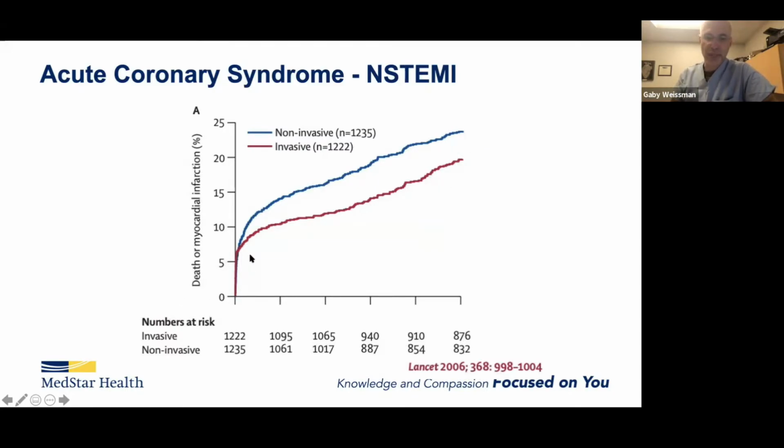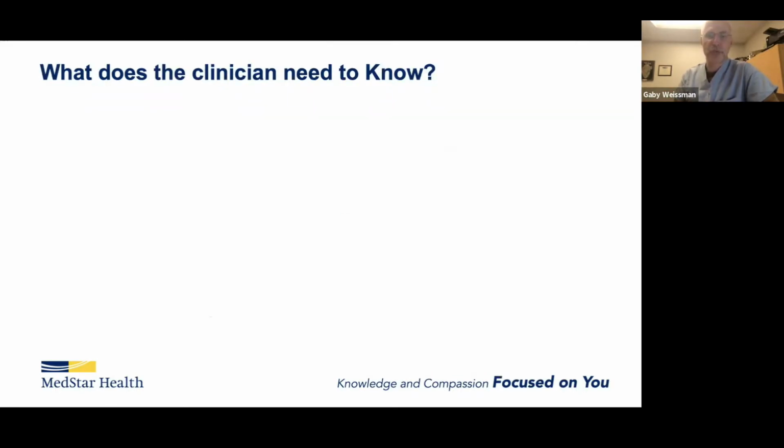That difference happens pretty quickly, almost from the get-go. So if you have somebody coming in with acute coronary syndrome, what you see us do is proceed with interventions. That's because of data like this, and therefore imaging plays less of a role in this particular scenario. So I'll focus on the other type of disease, which is stable coronary disease.